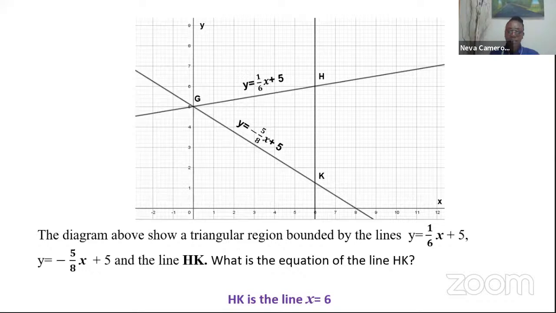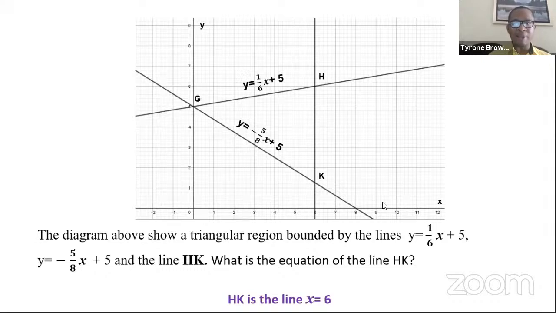What do we notice for the coordinates of that line? Delandra is saying 6. On YouTube, Cheryl Smith is also saying that x is equal to 6. Very good, Cheryl. So there's a consensus around x equals 6.